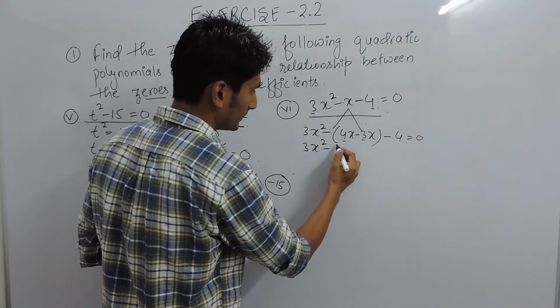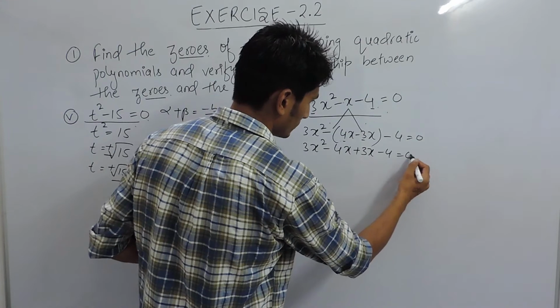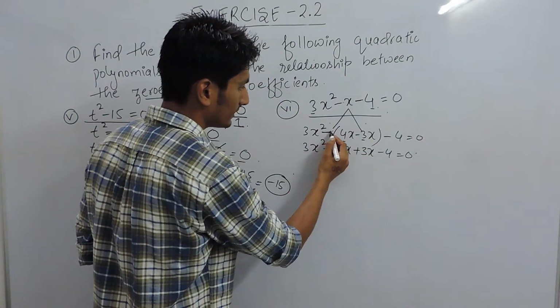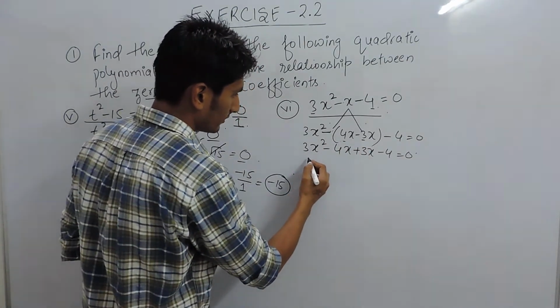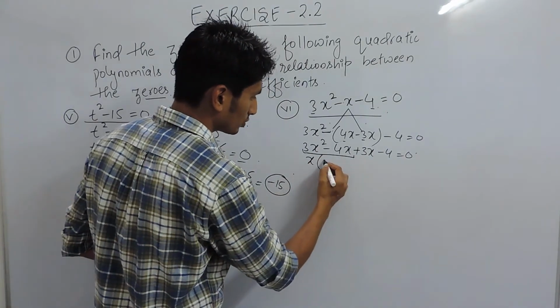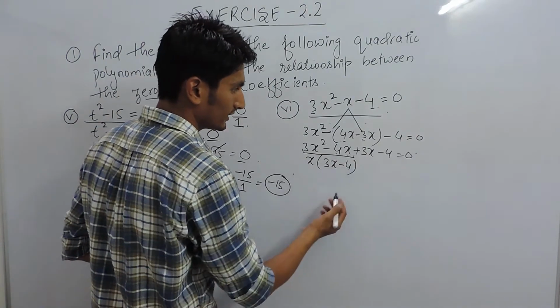After that you have to open the bracket. So this will be this. Here, outside the bracket, there is a negative sign, so both the signs will be changed. Taking x common from the first two terms, only 3x will remain, and 4 will remain from the other term.